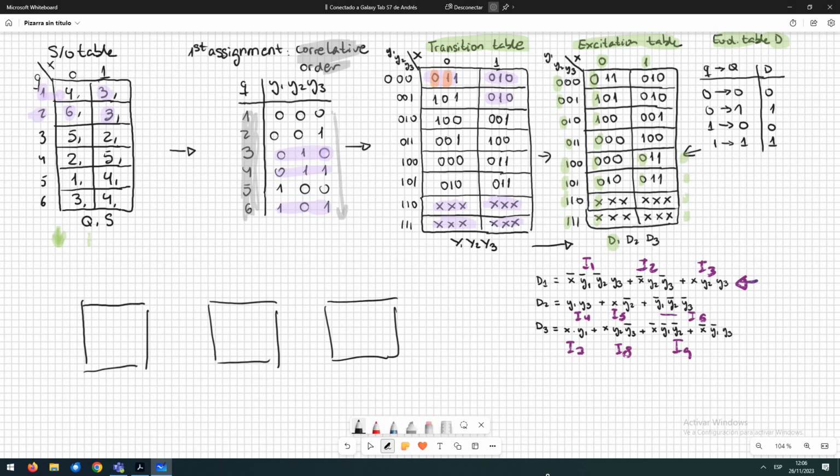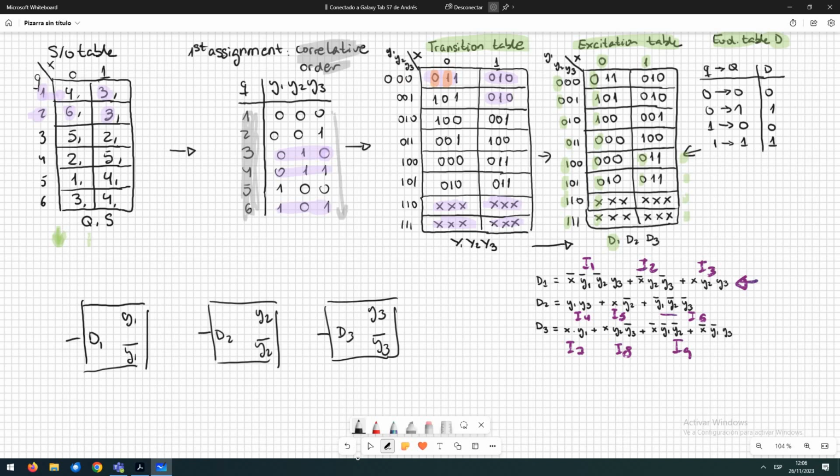We are going to have here Y1 negated, Y2 negated, Y3 and Y3 negated. Remember that in the bistable we are always going to have the state variable and the state variable negated. Here we are going to have D1, here D2, and here D3.